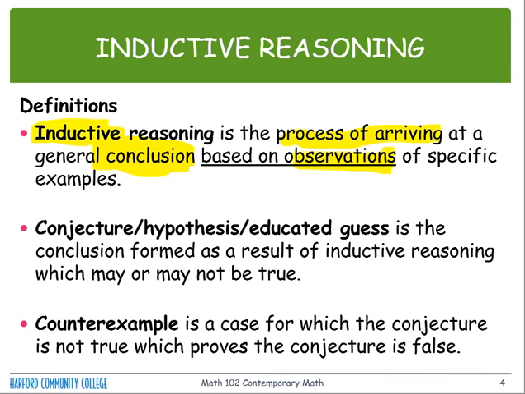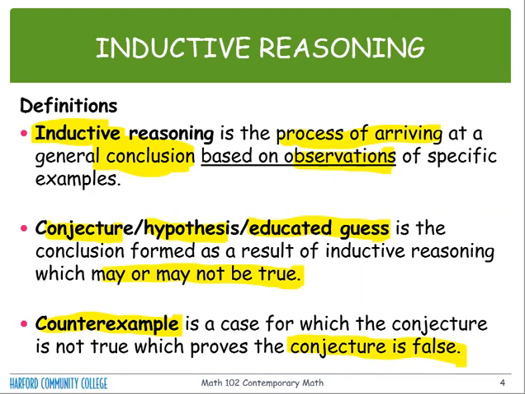The conclusion is called a conjecture, hypothesis, or educated guess, and it could be true or could not be true. If you can find any counterexample, that means your conclusion or conjecture is false. So it's not always true, it depends on the situation. All right, so that's inductive reasoning.